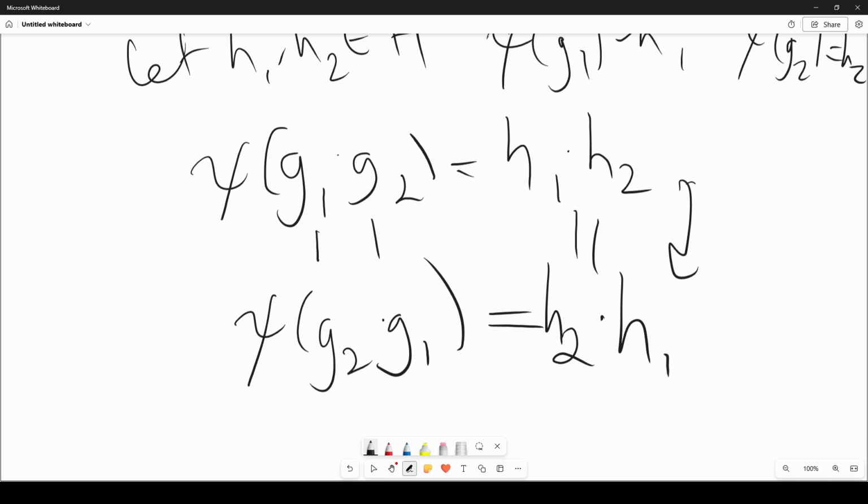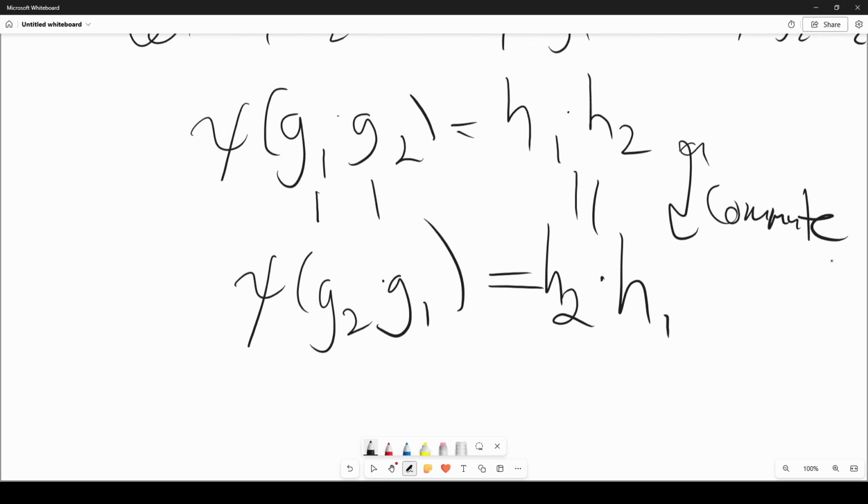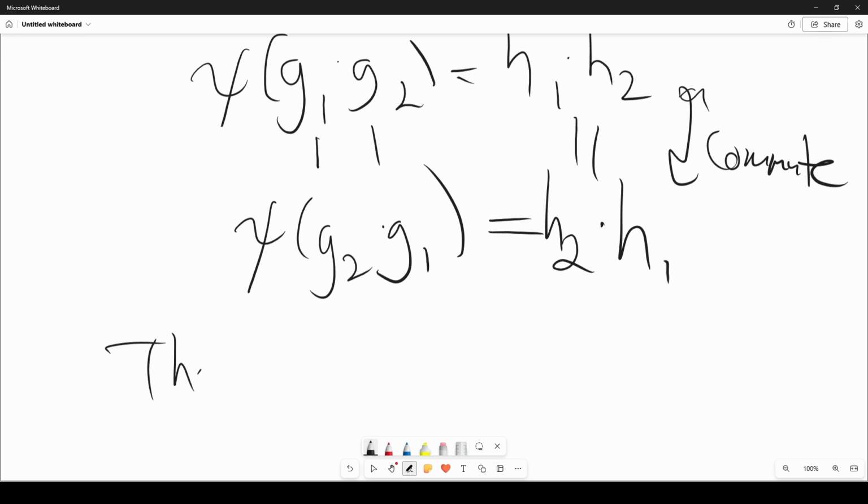So H1 and H2 commute. Thus H is abelian. A similar argument can be used if you assume H is abelian and you want to prove G is abelian, by doing the same trick where you switch around H2 and H1 and it switches around the things in here. Since psi is injective, you have to know that G1 times G2 equals G2 times G1.